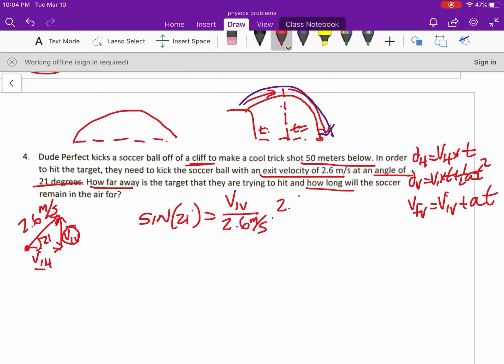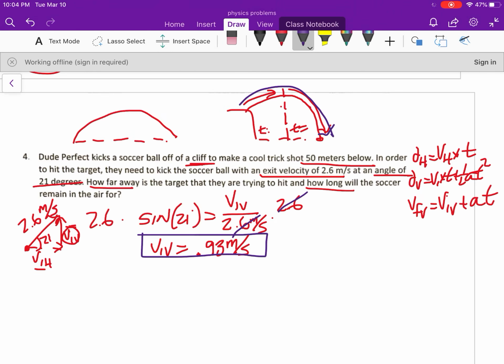So to solve this, multiply both sides by 2.6. And when I do that, it goes away on this side, and my initial vertical velocity that I'm left with is 2.6 times sine of 21, and I get 0.93 meters per second.